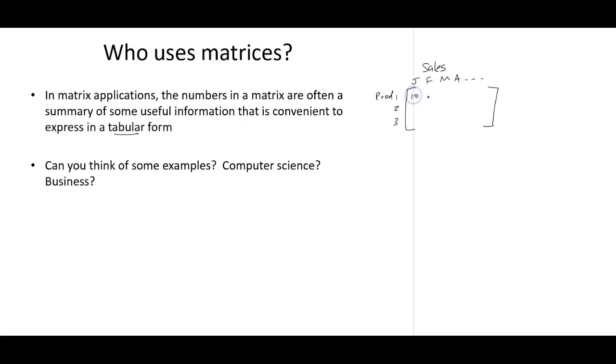If I sold 10 million in January for product 1, 5 million for product 2, and 2 million for product 3, I could arrange that in a matrix like this. And so I could have this for the whole year, and then if I wanted to do some stuff with it, I'd have it all in one single mathematical object. If I wanted to increase everything by 5%, I'd have it nicely arranged in this thing called a matrix.